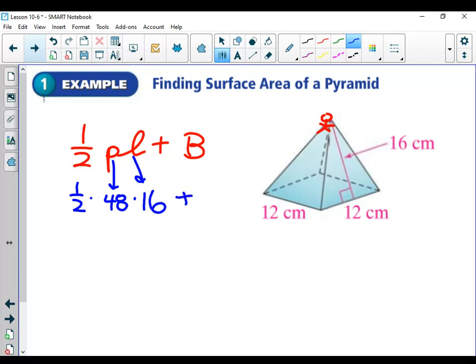Okay, area of the base. So it's a square, 12 by 12. How do I find the area of that? 12 times 12.